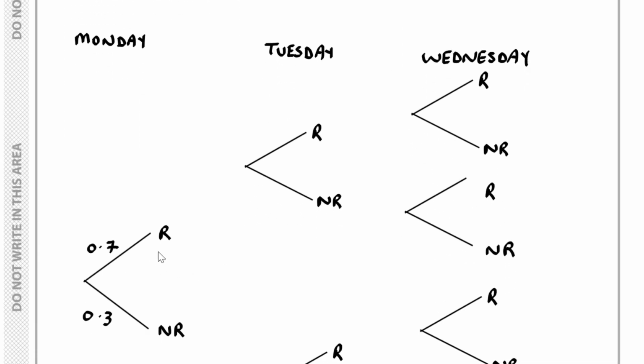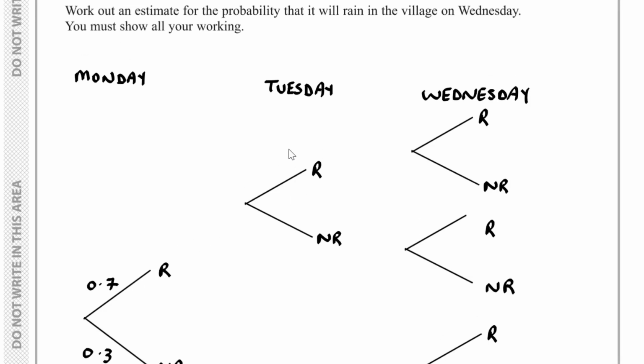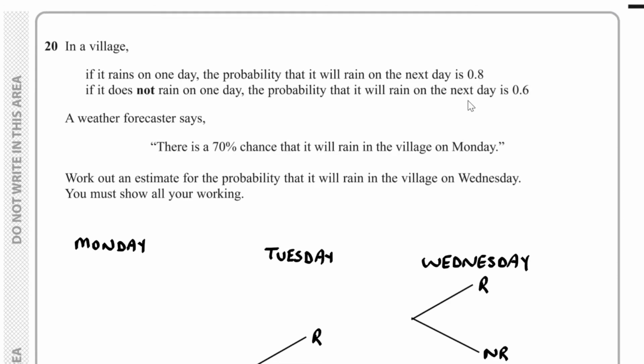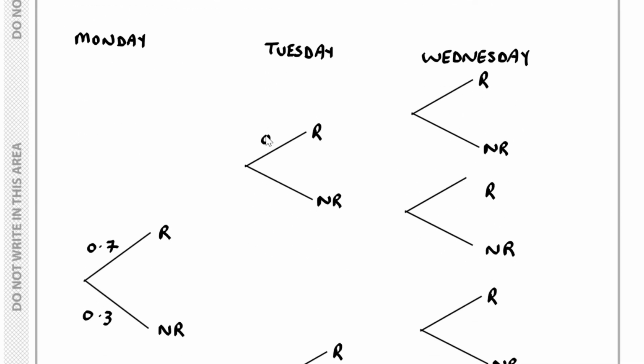If it rains, then the probability that it rains the next day is 0.8. So the probability that it does not rain the next day is 0.2.